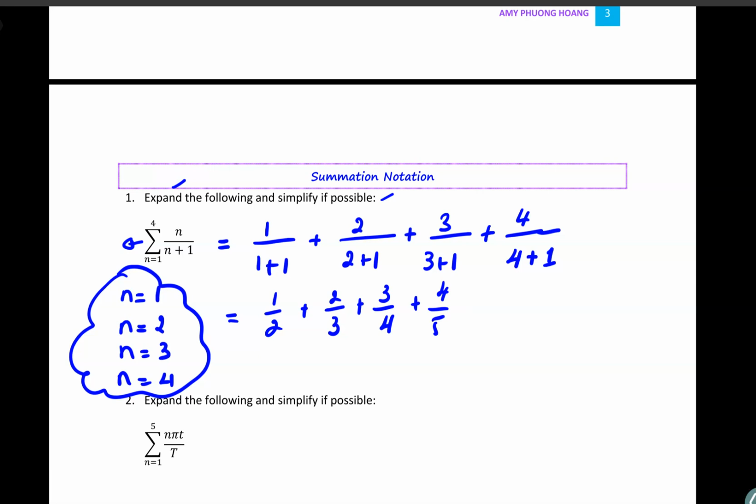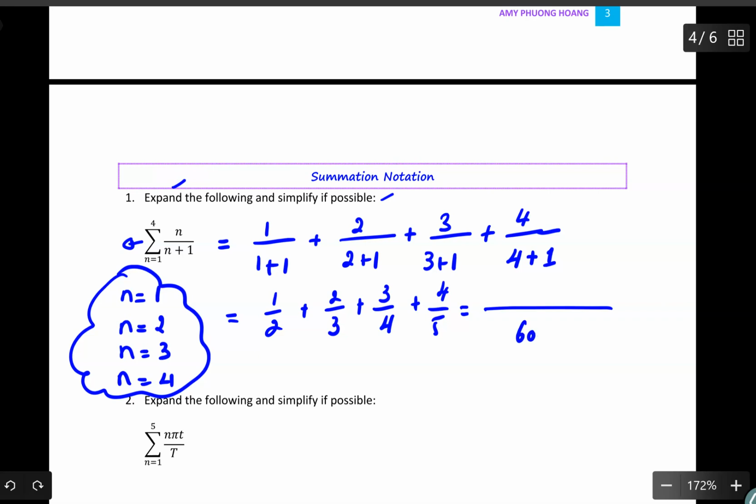In this case, I should have the common denominator of 60, and I should have it as 30 plus 40 plus 45 plus 48 over 60. The final answer should be 163 over 60.